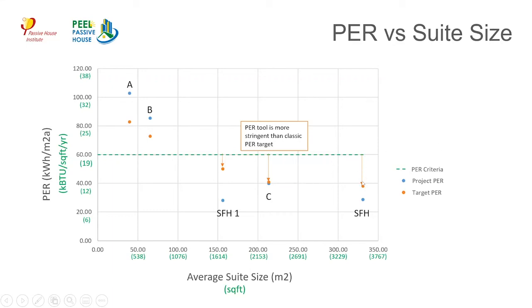In this case, since the target PER is less than the PER criteria, as Elena said, you could still use the 60 criteria. For these projects, actually, the project PER is higher than the target PER, so they wouldn't be certifiable under the PER.